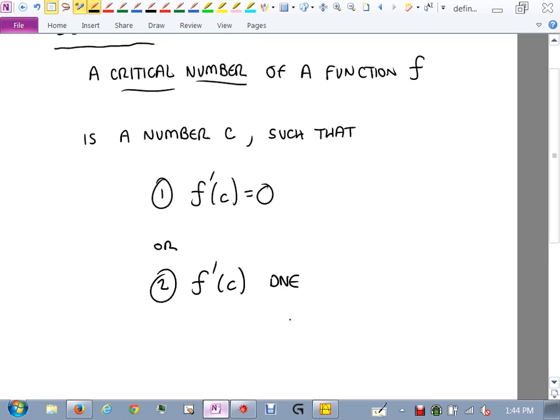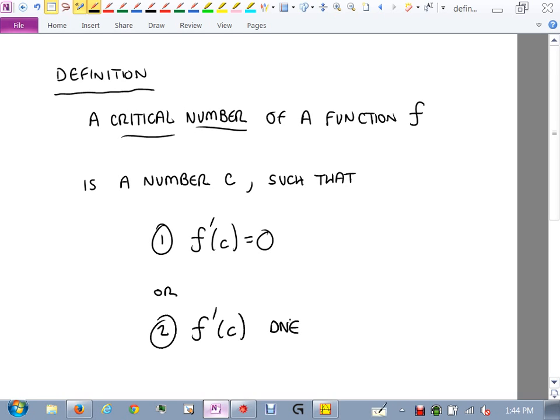That is the definition of a critical number. Any number that, when you plug it into your derivative, is going to give you back 0, or your derivative is going to not exist.